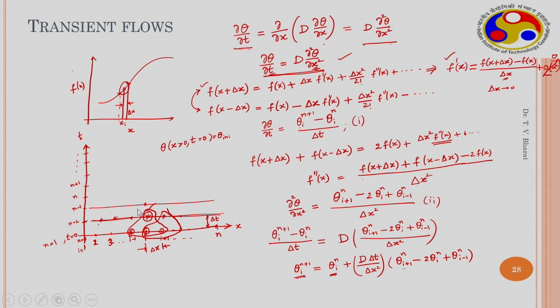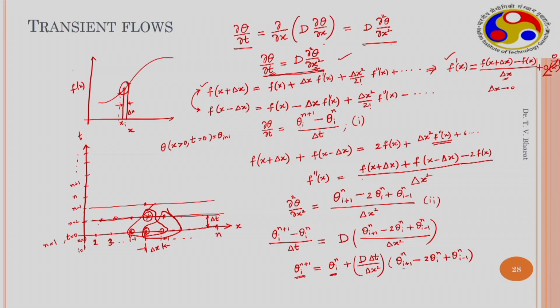Similarly, you march in time from n equal to 1st level to 2nd level to 3rd level, etc. You march in time. Therefore, these finite difference techniques are called time marching techniques. So, we march in time and step by step we estimate how the theta value changes with spatial distance for different time intervals, and for any given time, what the theta value is can be obtained along the spatial length. So, this is simply what we call the explicit finite difference scheme.